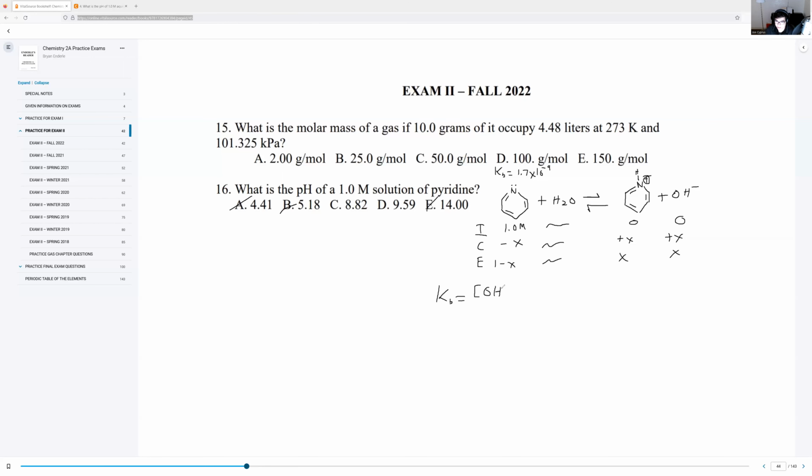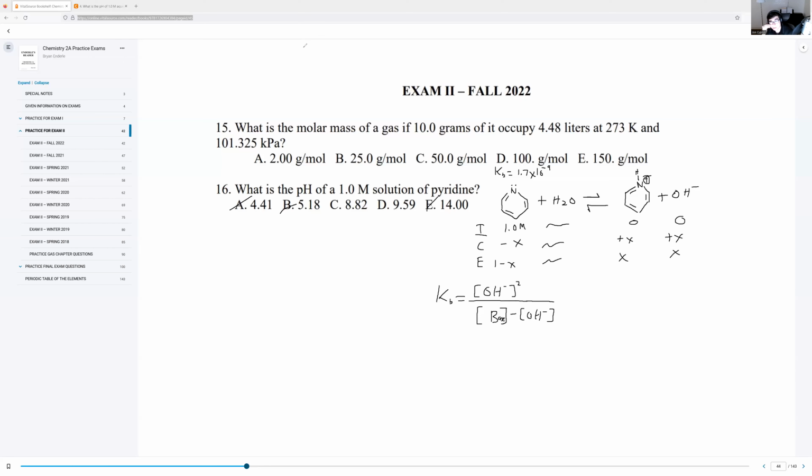Except it's the concentration of hydroxide squared over the concentration of base. Now I know the concentration of hydroxide, or I denoted it as a variable here, right? The concentration of hydroxide is X.